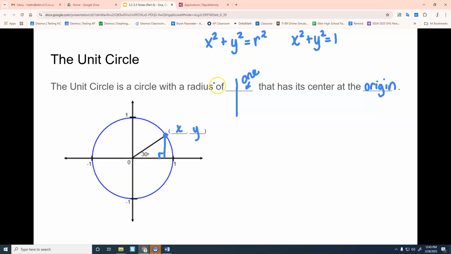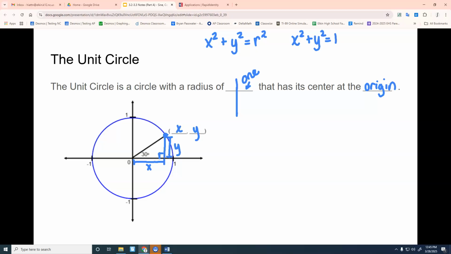If this is the point x, y, then I could label this bottom side right here x. Because that's how far I've got to go over from the origin to get to a coordinate that has an x coordinate of x, right? So like if that was 2, it's definitely not 2, but if it was 2, I'd have to go over 2, and that bottom side of my triangle would be 2, right? And so what could I label this vertical side of the triangle? That one's going to be my y.